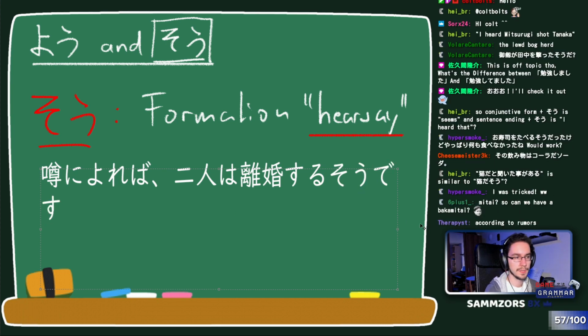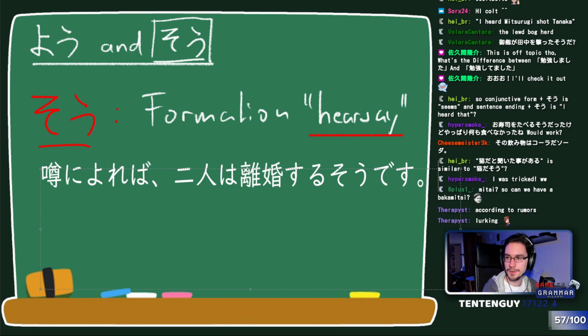That would be an example. According to rumors, hey therapist, long time no see. 噂によれば, damn it, running out of space. 噂によれば二人は離婚するそうです. So, rumor has it that the two are going to get divorced.